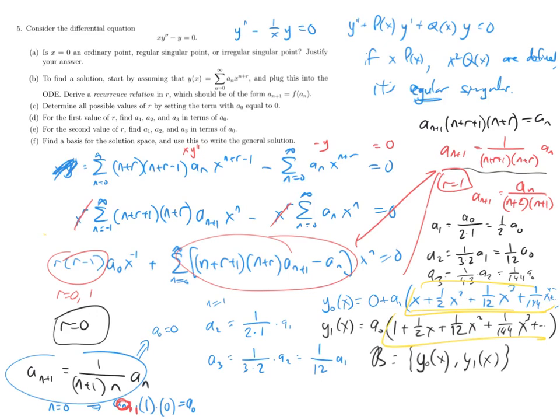You can write y(x) as a_0 times this plus a1 times this, or you can write it as a_0 times 1 plus 1/2 x, however you want to write this, plus a1 times x plus 1/2 x squared plus 1/12 x cubed, etc.